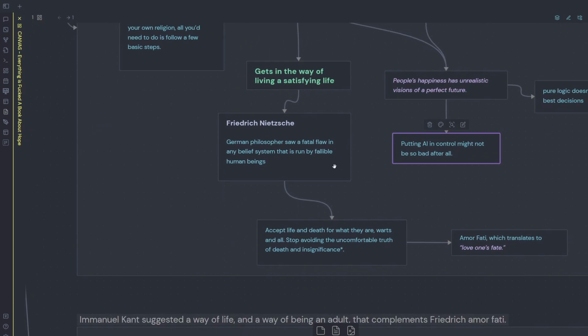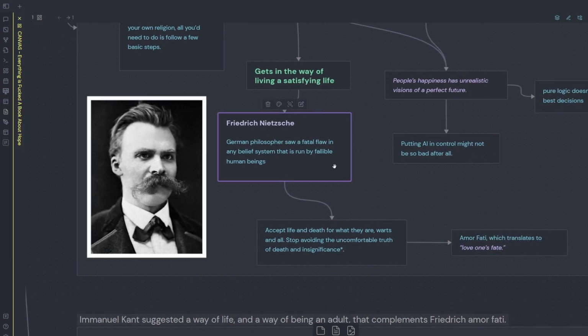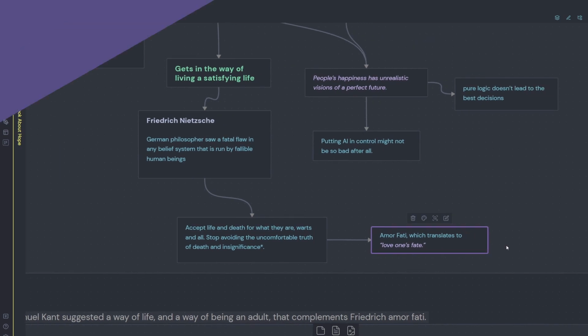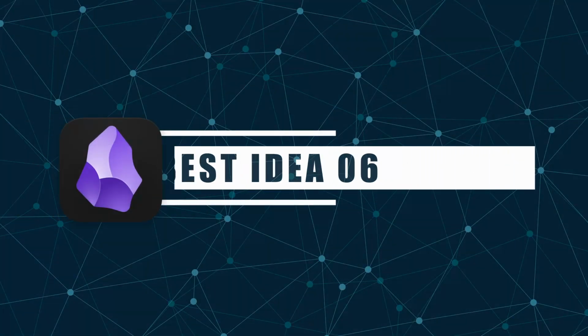There is a mention in the book of a German philosopher who saw a fatal flaw in any belief system that is run by fallible human beings. Accepting life and death for what they are, warts and all, means we stop avoiding the uncomfortable truth of death and insignificance. His belief was amor fati, which translates to love one's fate.